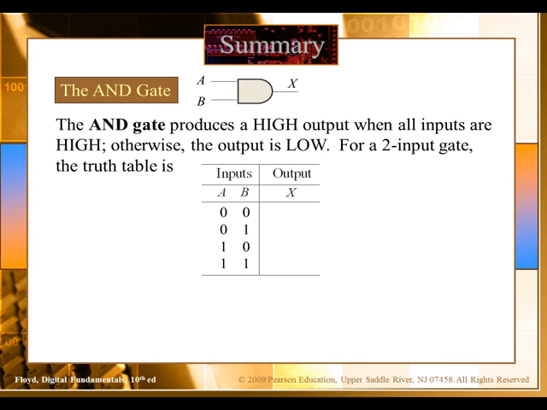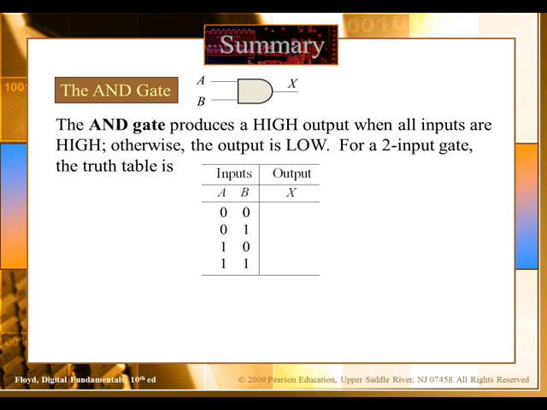Now, here, how many inputs do you have in the AND gate? Look at the difference. 2 inputs, right? A and B. And the output is always 1, which is X. I'm talking about the logic gate.